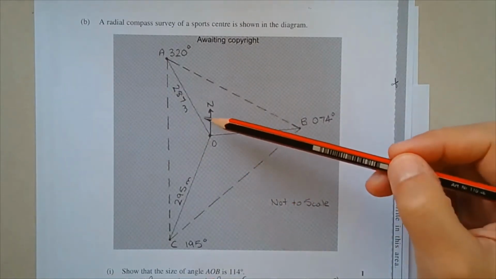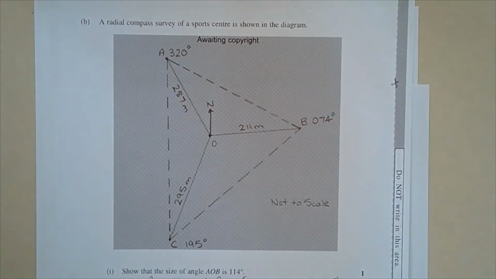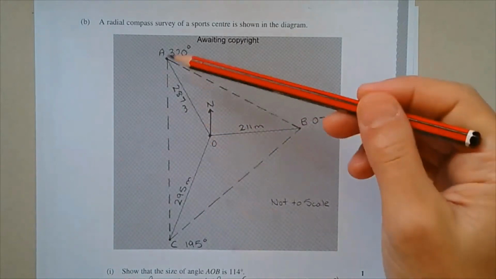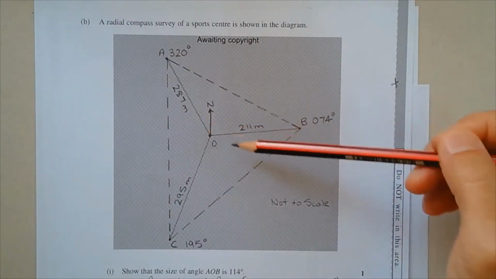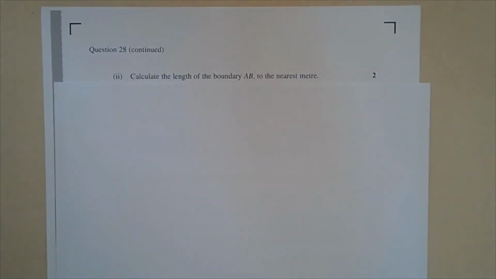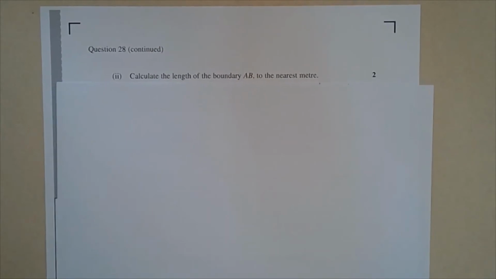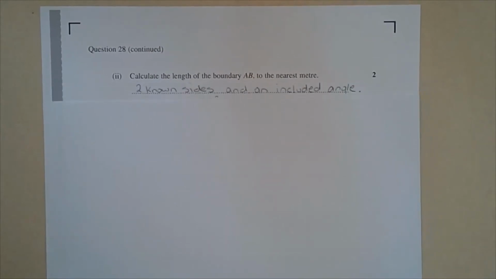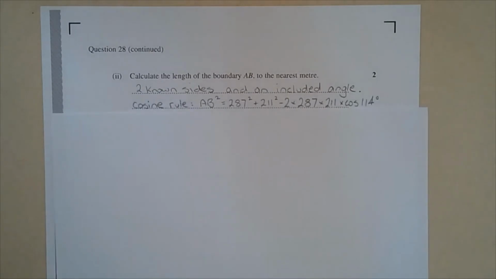We also know angle AOB, which was worked out from part 1, which is 114 degrees. So two known sides and an included angle, that's the angle in between. So do we use the sine rule or the cosine rule? Now, two known sides and an included angle, we use the cosine rule.